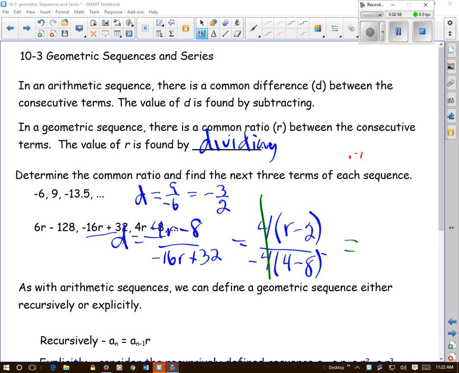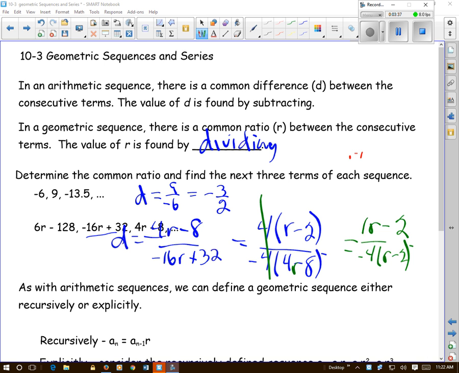Now, Caleb suggested that we should have maybe factored out a -16 to begin with there. Since I had already written the -4, we left it. But good idea. So we have r minus 2 over -4 times r minus 2.